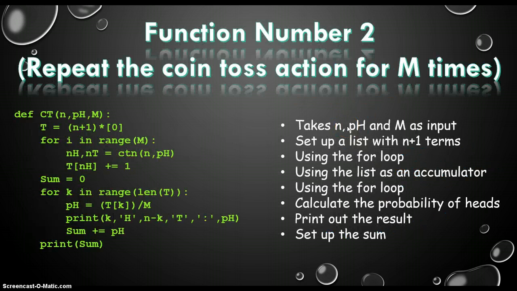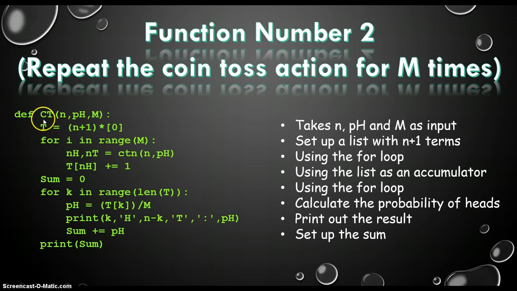And function number 2 is repeating the coin toss action m times, big M times. It's going to take the number of times we flip the coin, the probability of getting the head, and the number of times we're going to repeat the action.